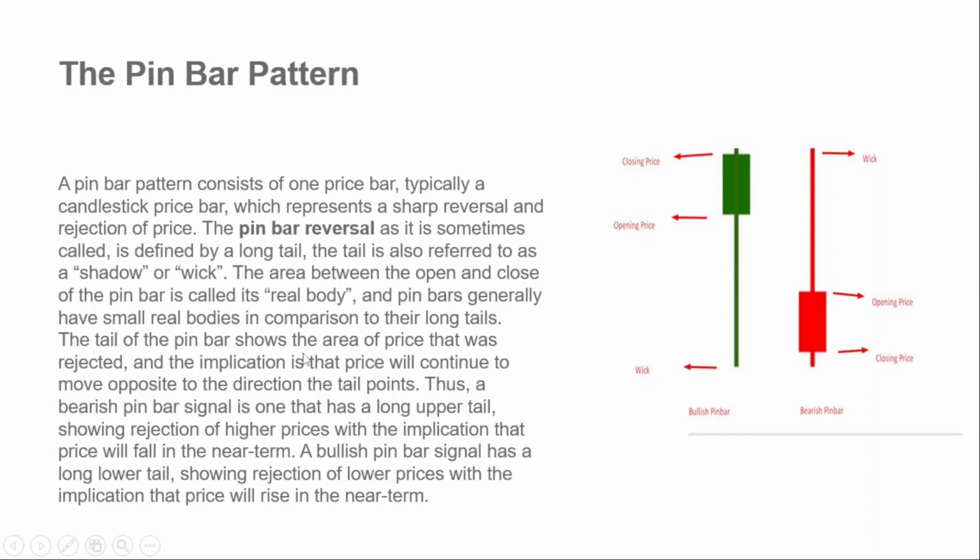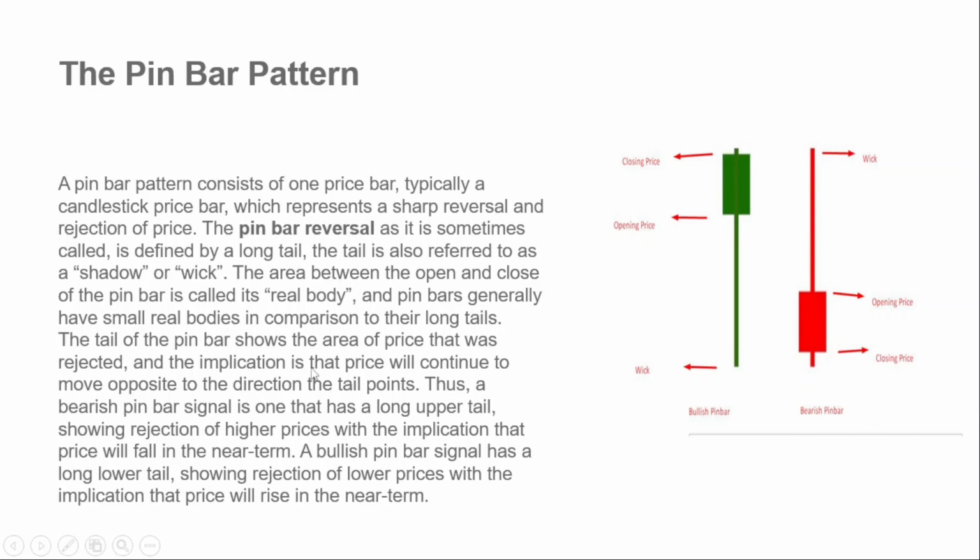The tail of the pin bar shows the area of price that was rejected. It shows that the opening was here, and it went down, and again the buyers pushed the price upward.